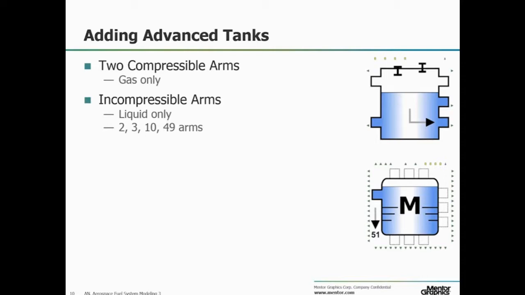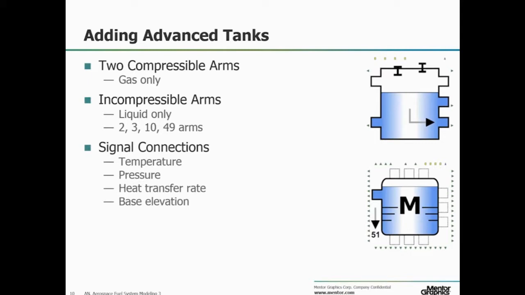The gas connections take the form of 2 compressible arms at the top of the tank volume, and either 2, 3, 10, or 49 liquid arms are available depending on the specific advanced tank component that you use. Also, unlike traditional Flowmaster components, it is possible to leave unused arms disconnected.